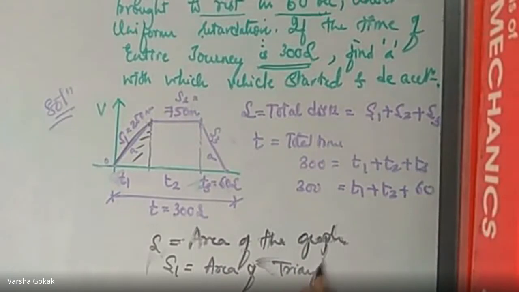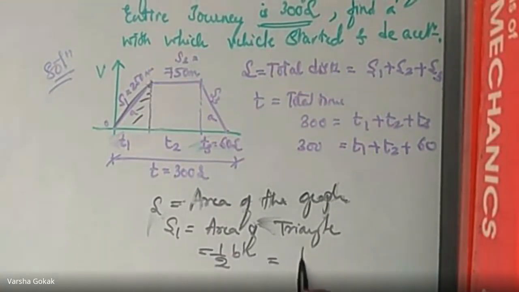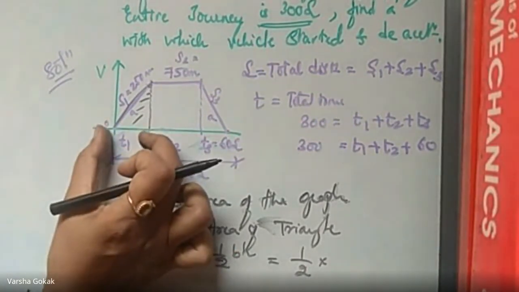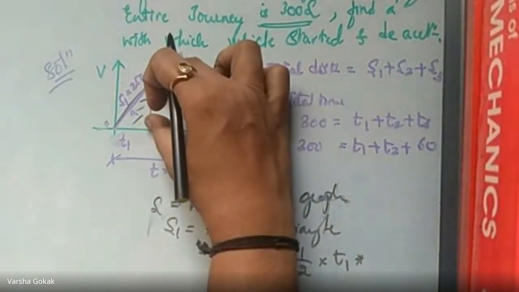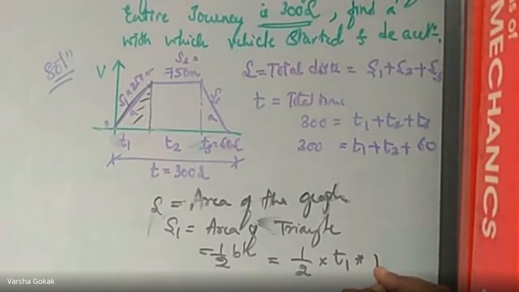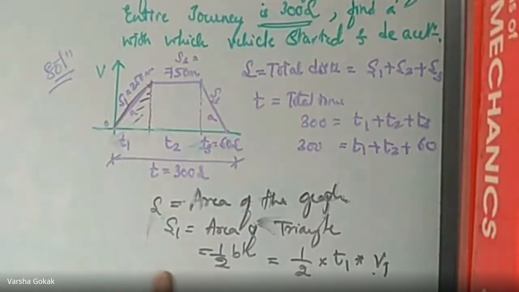What is the formula for a triangle? It is half base into height, right? So half, my base here is nothing but the time, and height I will substitute as the velocity attained by the vehicle, V1. So the area of the graph is nothing but the distance traveled.